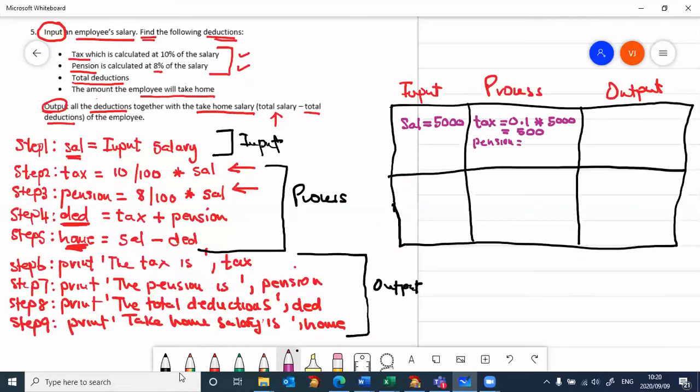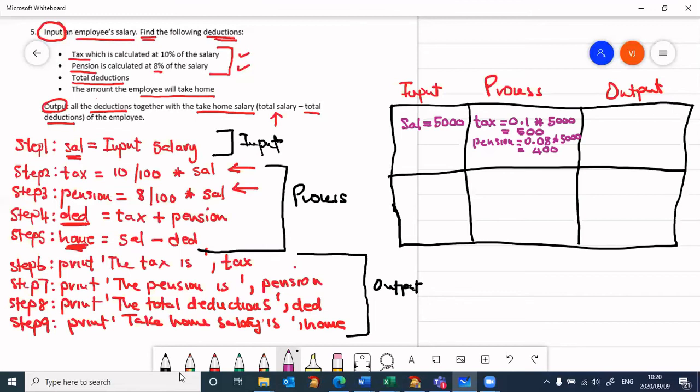Now 8% is 0.08 times 5,000. So if we put that into a calculator, 0.08, and if I multiply that by 5,000, I get an answer of 400. So 8% of 5,000 is 400.